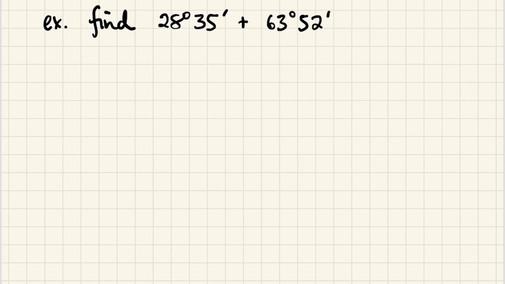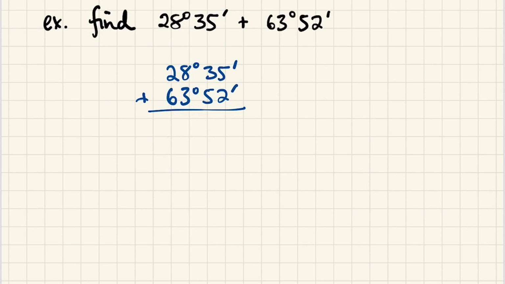Adding degree measures in DMS is fairly straightforward. One way you could always do this is, of course, converting both of them to decimal degrees, then doing the addition the classic way, and with your decimal answer, converting it back to DMS. But it's pretty straightforward to just do this directly in DMS. So we're just going to line these up, 28 degrees, 35 minutes, and 63 degrees, 52 minutes.